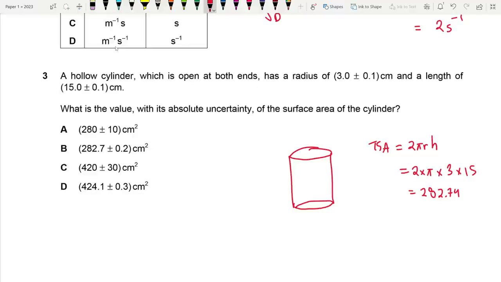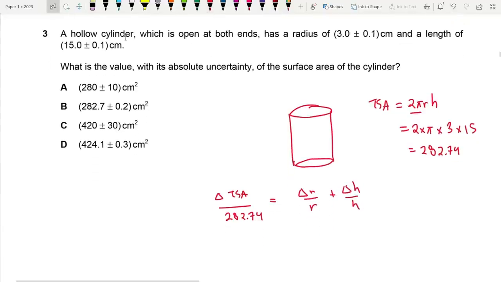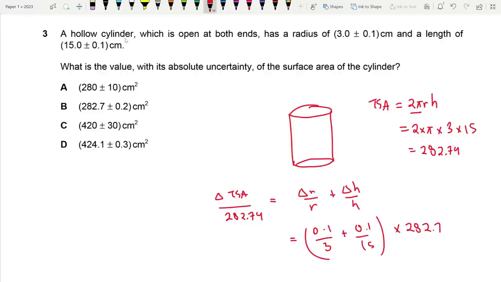or 282.74 centimeter square. Now I want to find out the uncertainty. 2 pi are constants, so the uncertainty in TSA by the value itself, 282.74, is equal to del r by r plus del h by h, which results in 0.1 by 3 plus 0.1 by 15 times 282.74.